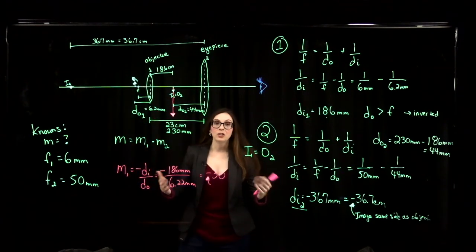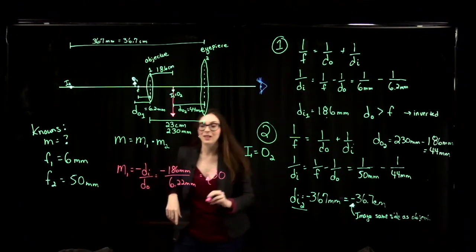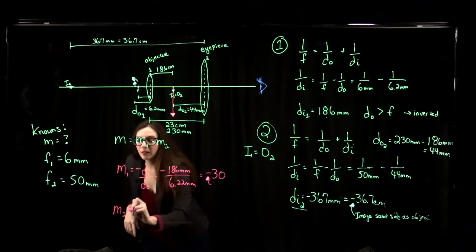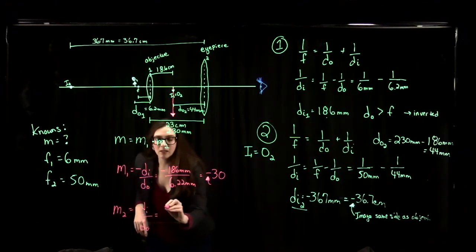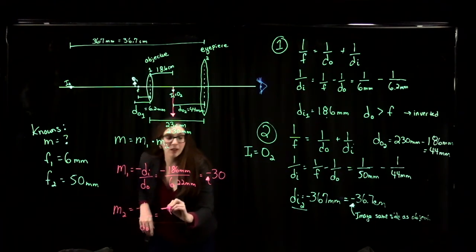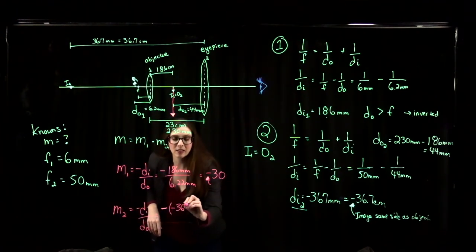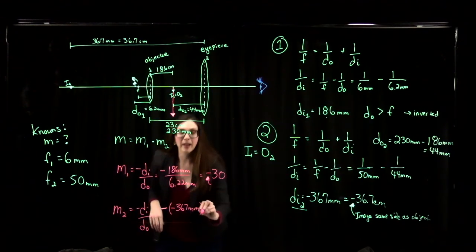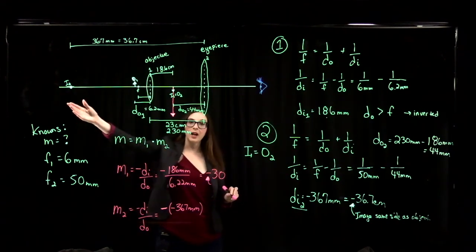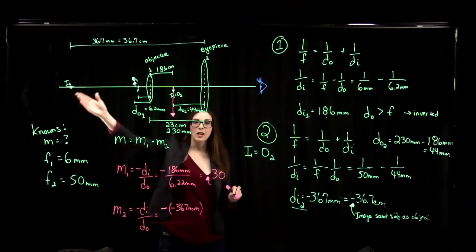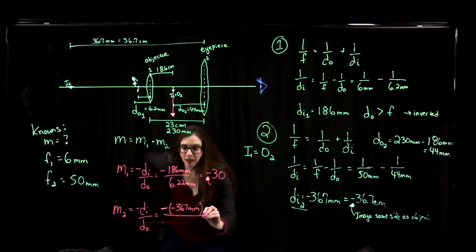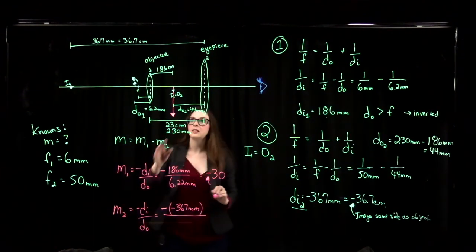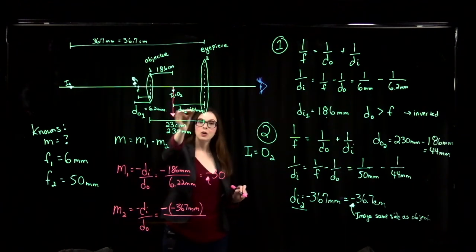To find the magnification for our second lens, or the eyepiece, we've got M2 equals minus DI over DO. For our second lens, we just calculated that the image appears at a distance of minus 367 millimeters away from the lens. Minus because it's on the same side of the lens as the object. And then we're going to divide it by DO, the distance that our object was away from the lens.